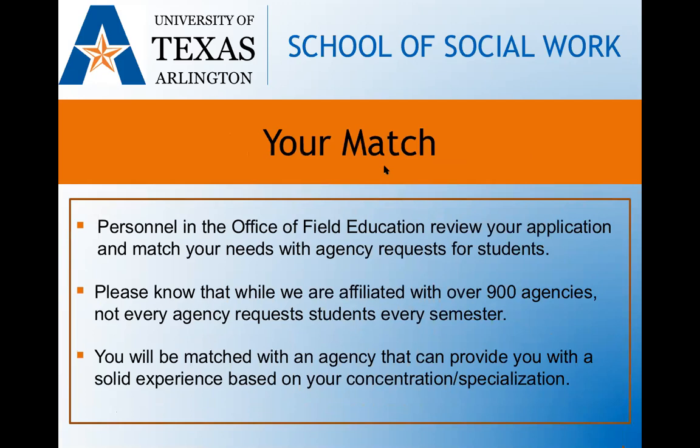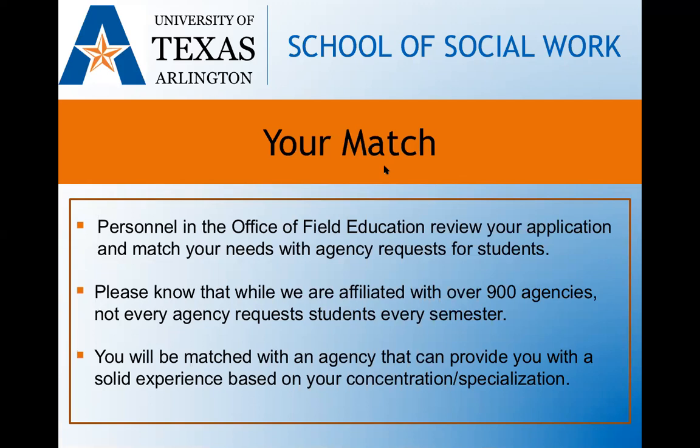In terms of establishing your match, if you live here in the DFW Metroplex, the process for you looks a little bit different than the process for students who live outside of the Metroplex. So I'll talk about both. If you live inside the Metroplex, essentially the Office of Field Education and your advisor will review your application and will match you with an agency who has requested a student.